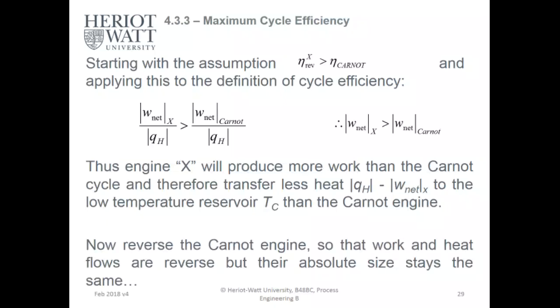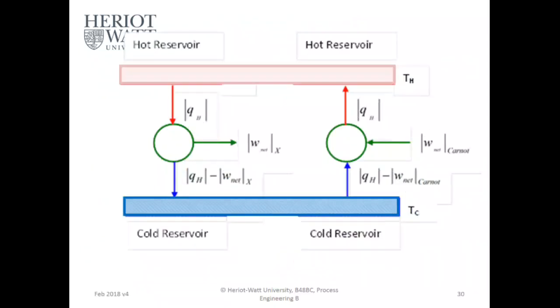Now reverse the Carnot engine so that work and heat flows are reversed, but their absolute sizes stay the same. So in your Carnot cycle, there's work being done on it, and it's going from cold to hot. And you have your X, which is a normal engine.